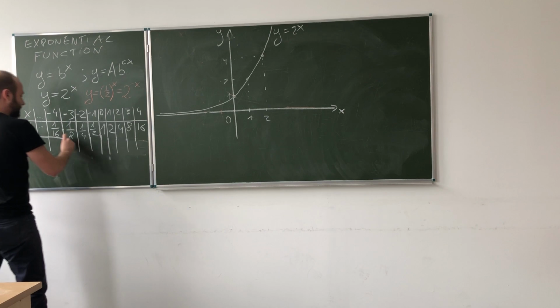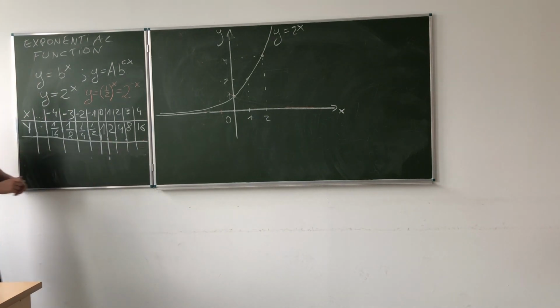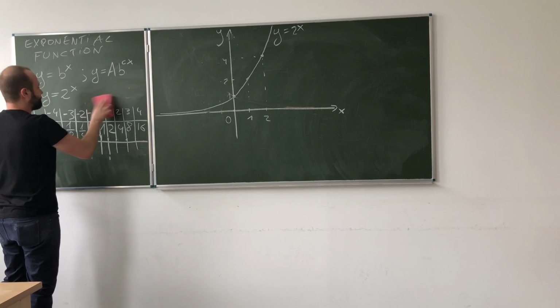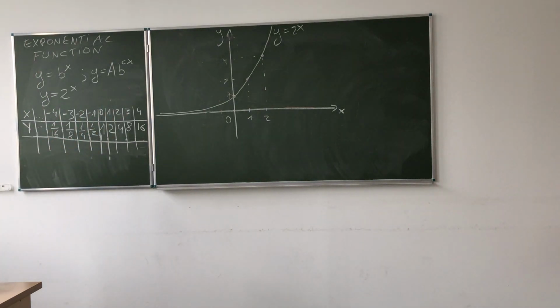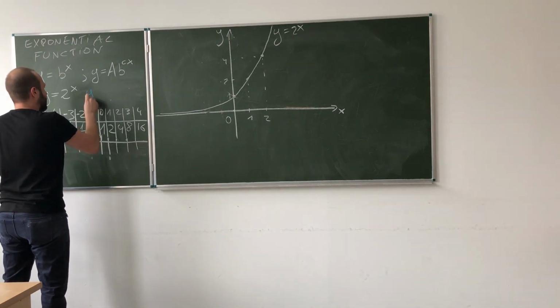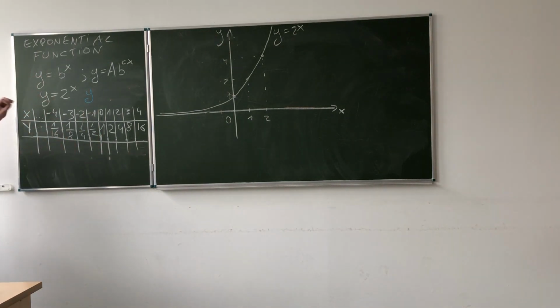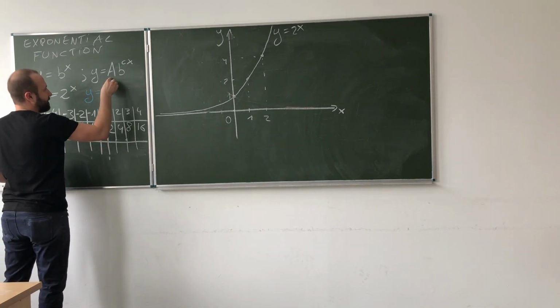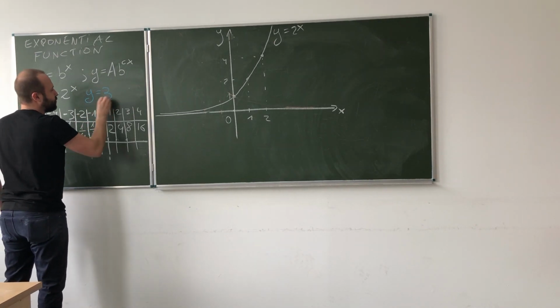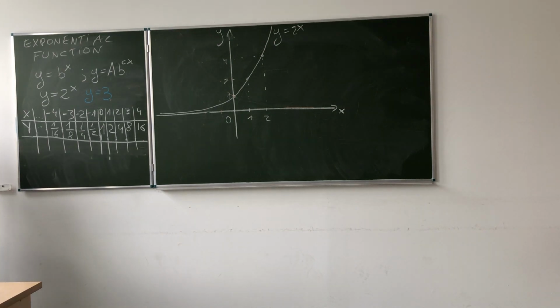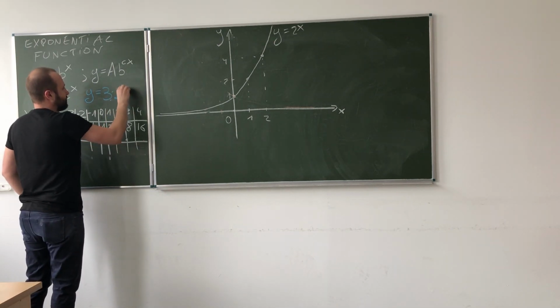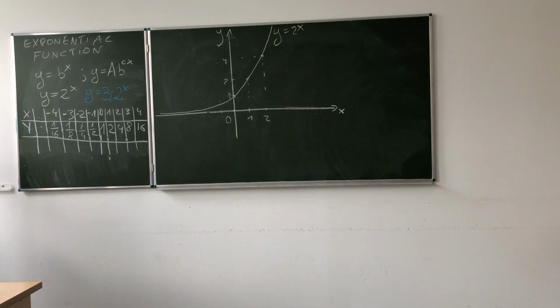Okay, and now let's see what will happen over here if I'm going to say, we'll just say now with a blue color, and I will modify this function slightly. I'm going to add some a. In our case, this will be 3, so it's easy to calculate, times 2 to the power of x.